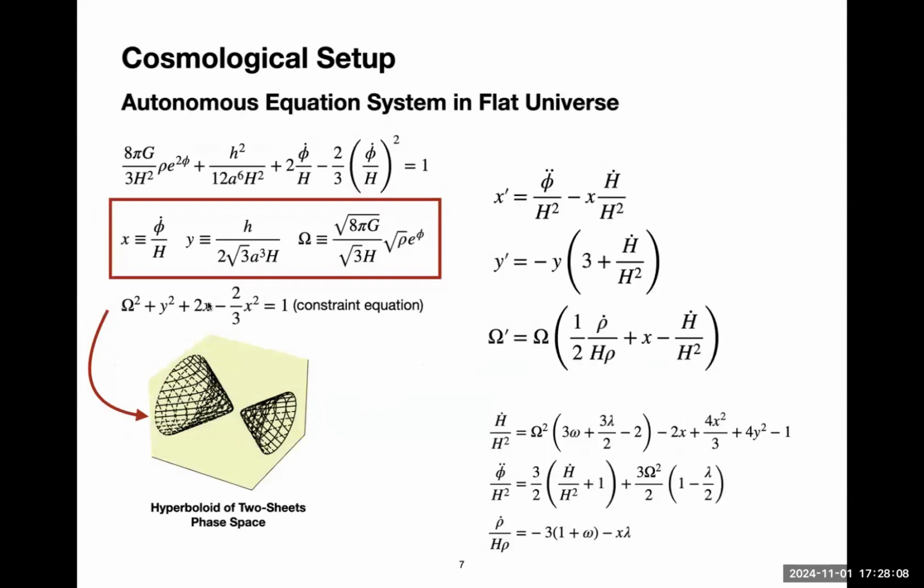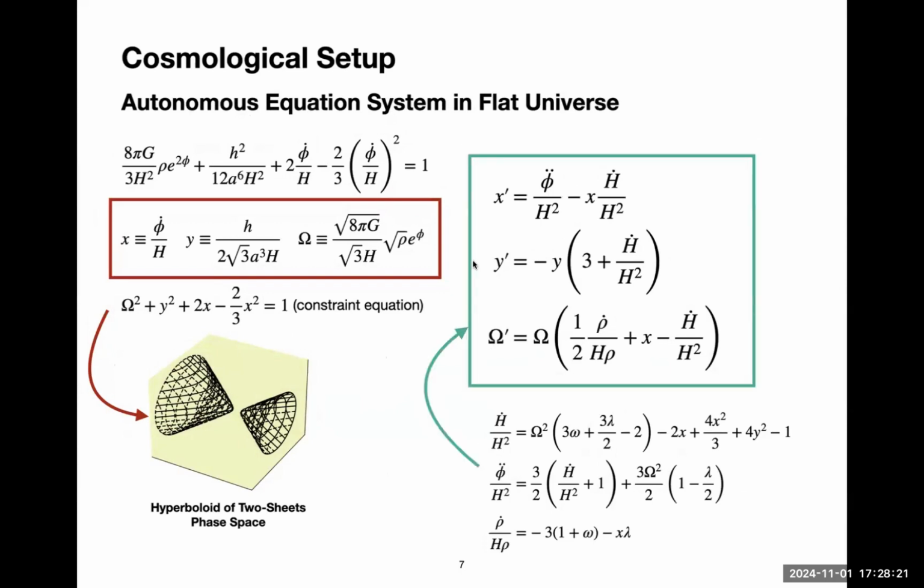Exactly, this is my question. You can't put the Friedmann equations in a form, or define phase space variables and put in an autonomous equation system. You can't do it in any system. Yeah, of course, this is the point. So in principle, the full model is not autonomous.